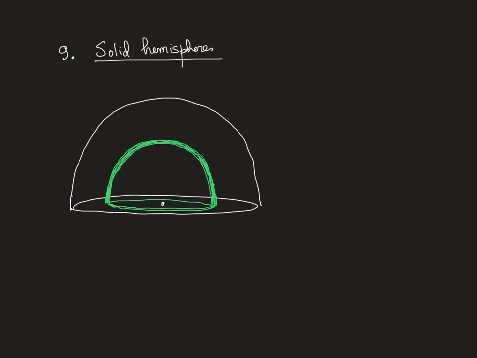So this is a solid hemisphere of radius r, and you have to locate its center of mass. So the center of mass of the solid hemisphere obviously lies on the y-axis, as we have shown.